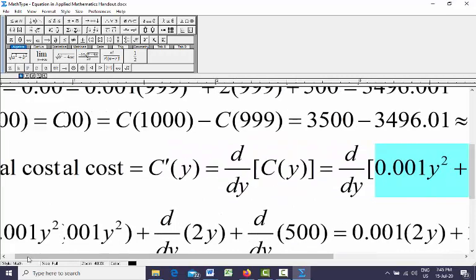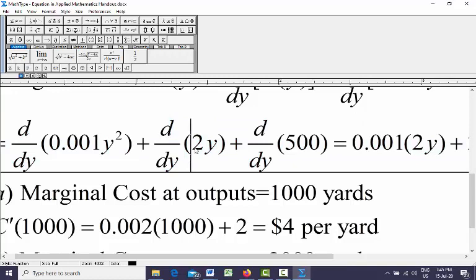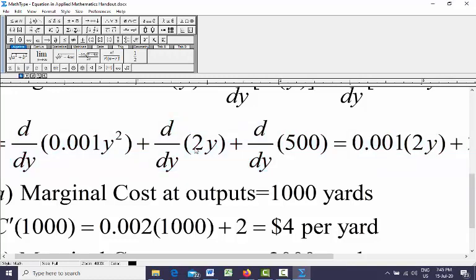If you do differentiation, what will we get? Here 0.001 is the coefficient. You have to move it out, and then you need to do differentiation of y square. If you do differentiation of y square, you get 2y, and if you do differentiation of this one, you will get 2.